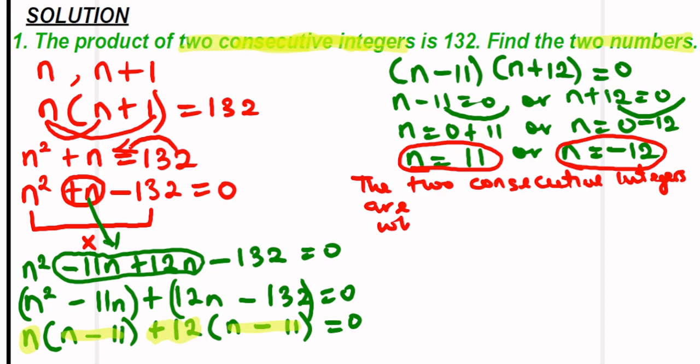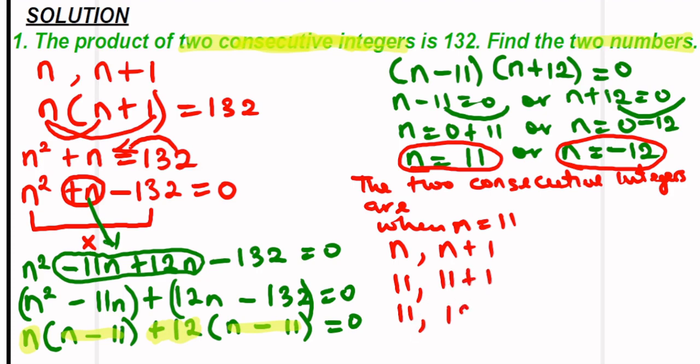So when n is equal to 11, since we got two answers, the two consecutive integers there are n, comma, n plus 1. So n is equal to 11, then n plus 1 is 11 plus 1. So it is 11, comma, 11 plus 1 is what? 12. So the consecutive integers are 11 and 12.